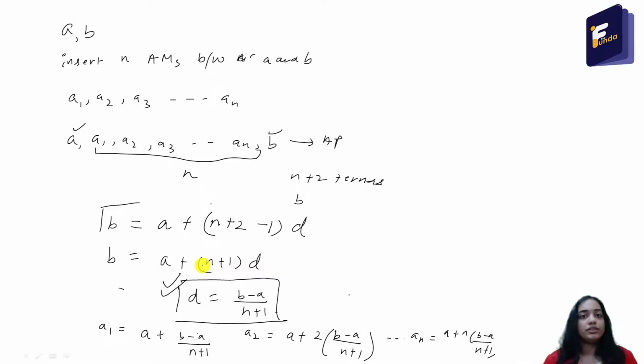It will be very easy for you. Otherwise, you can just assume the numbers as we did in the last question, where we didn't know any formula, so we calculated. Either way you can do it.